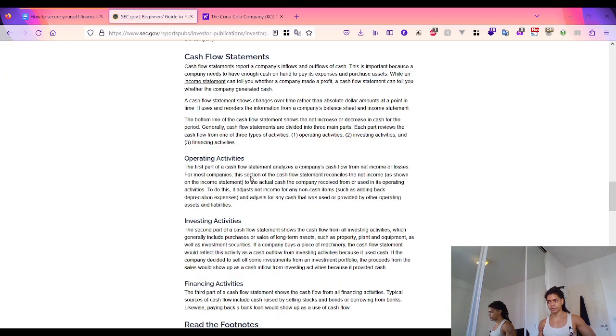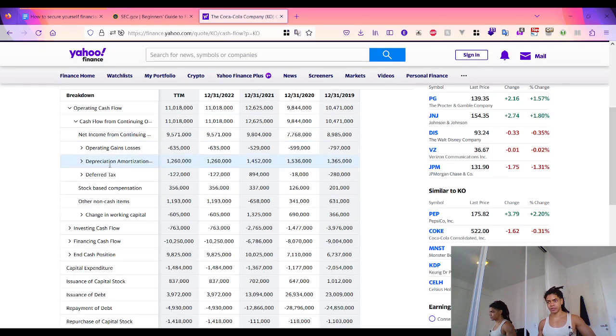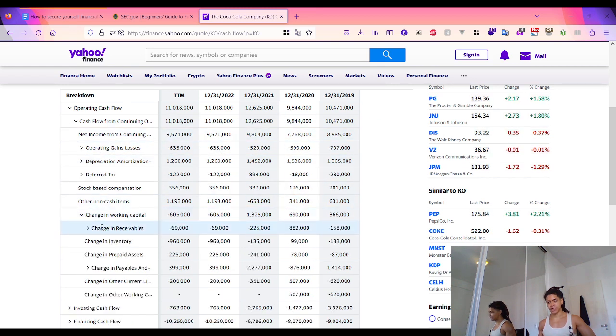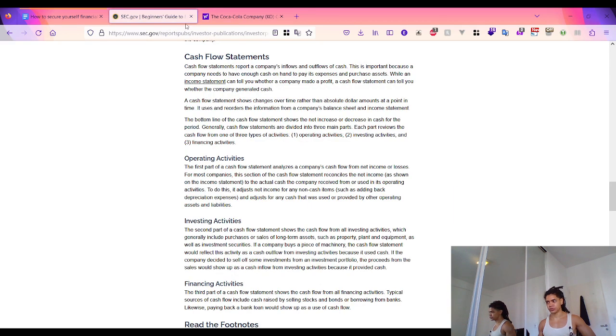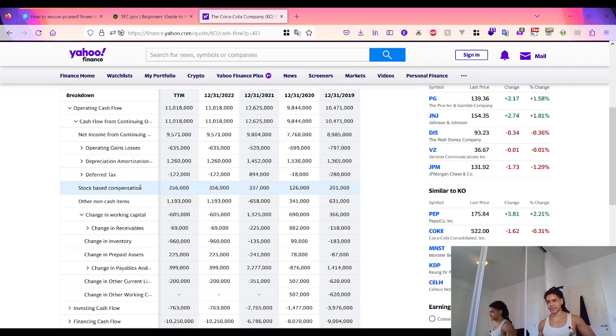And it adjusts any cash that was used or provided by operating assets and liabilities.